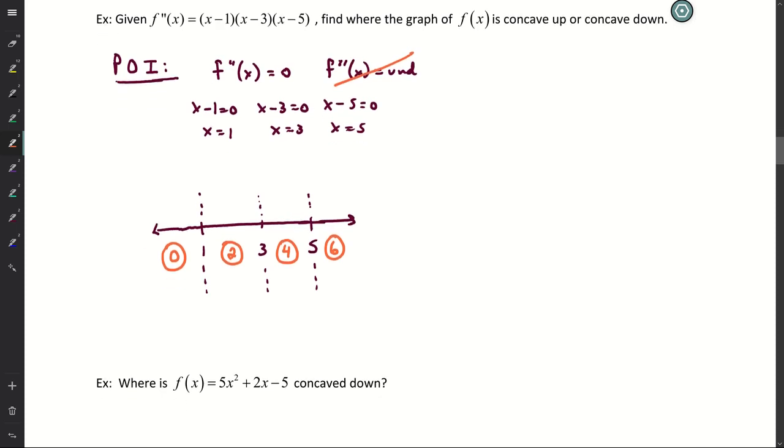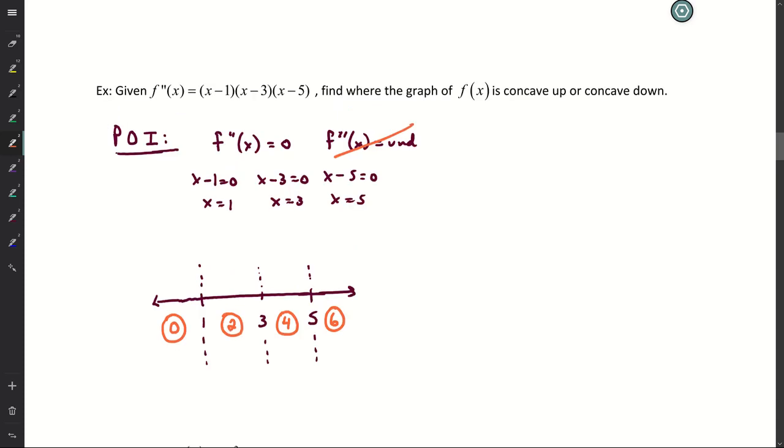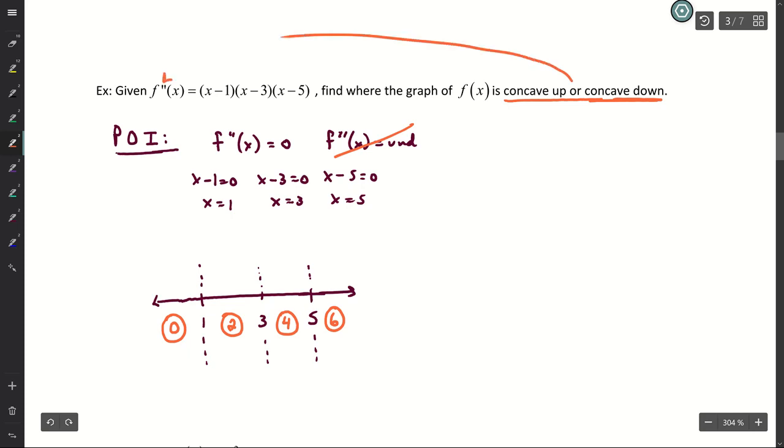All right, then we're going to test those values into the second derivative. If we're trying to deal with a question that asks about concavity, that specifically refers back to a second derivative. So always connect concavity with a second derivative. These test values that I'm picking, I'm going to test into the second derivative.